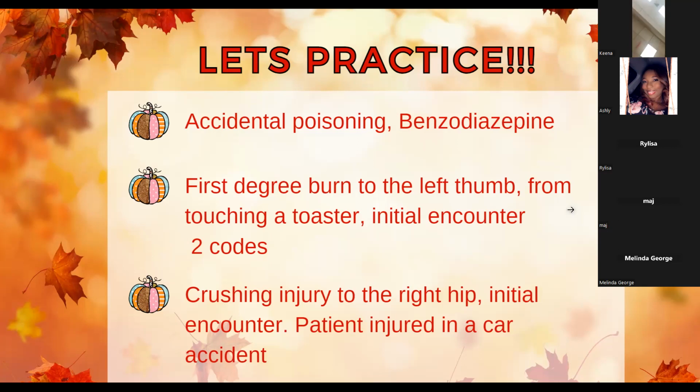All right, so in the alphabetic index, I'm finding crushing, and then we follow our body parts, so we get to hip, and it's taking me to S77. So I'm going to go there.